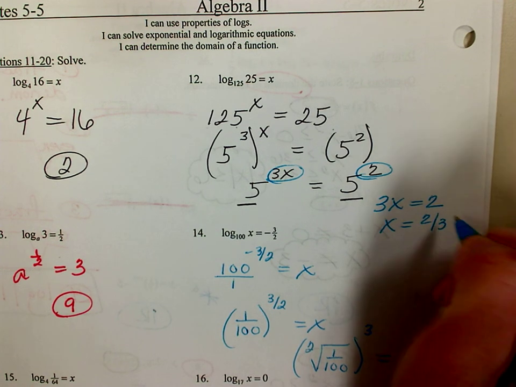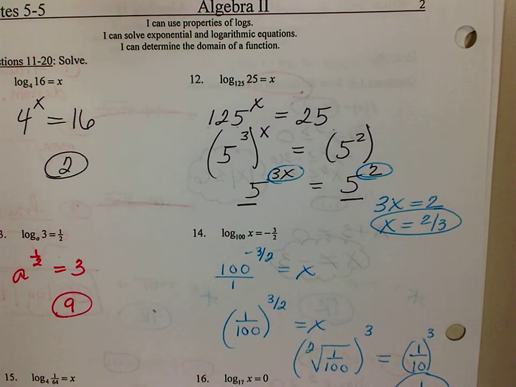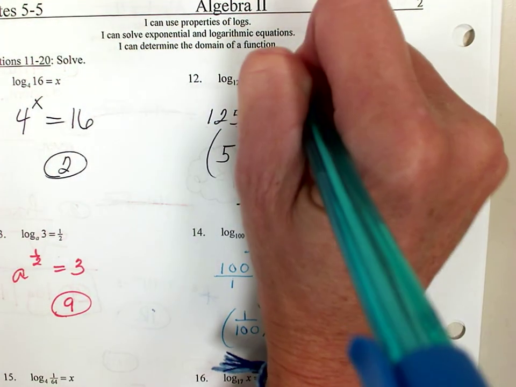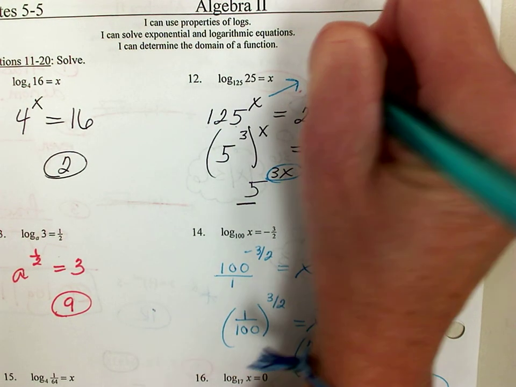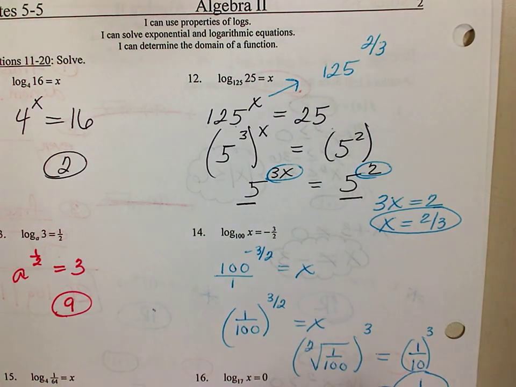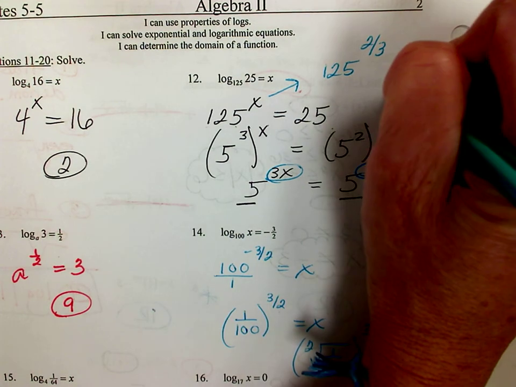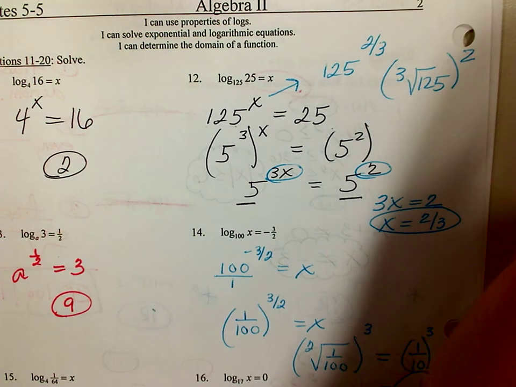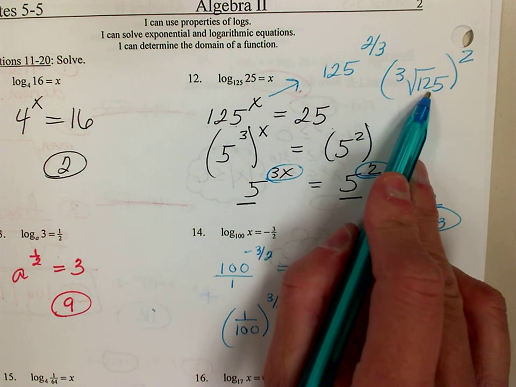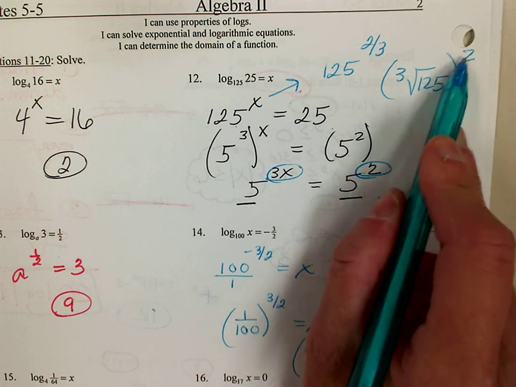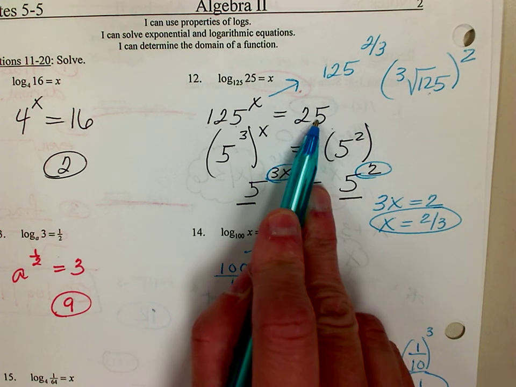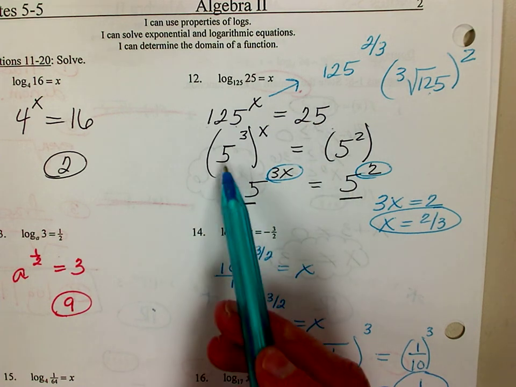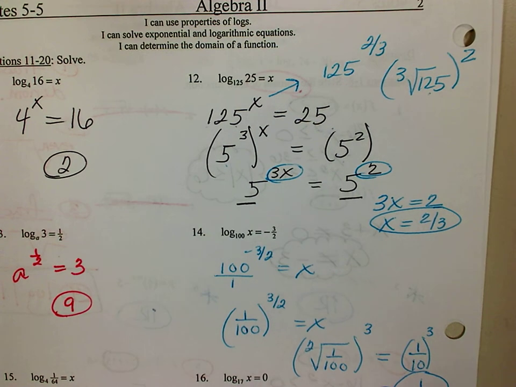So x must be 2/3, which makes sense, because if I take 125 to the 2/3 power and I rewrite that in radical form, the cube root of 125 is 5, and then 5 squared is 25. So sometimes you can think about it right off the bat, other times you have to get the same base and go from there.